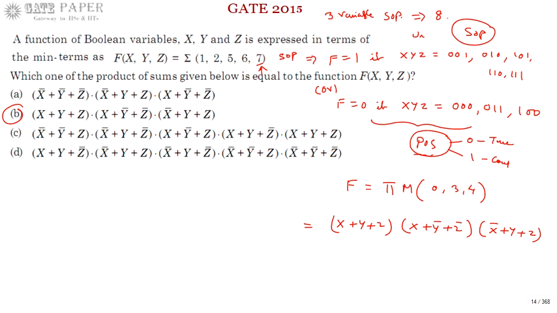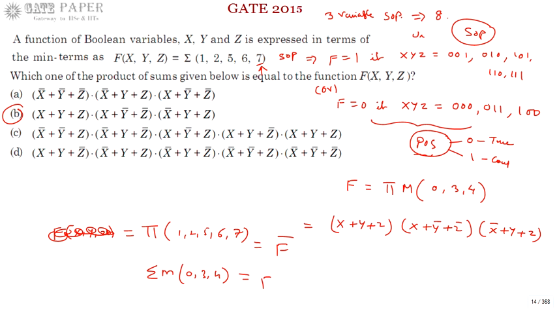Otherwise, if you write f of xyz as product of 1, 2, 5, 6, 7, then you will get the complement of f. Similarly, if you write sigma m of 0, 3, 4, then also you will get the complement.